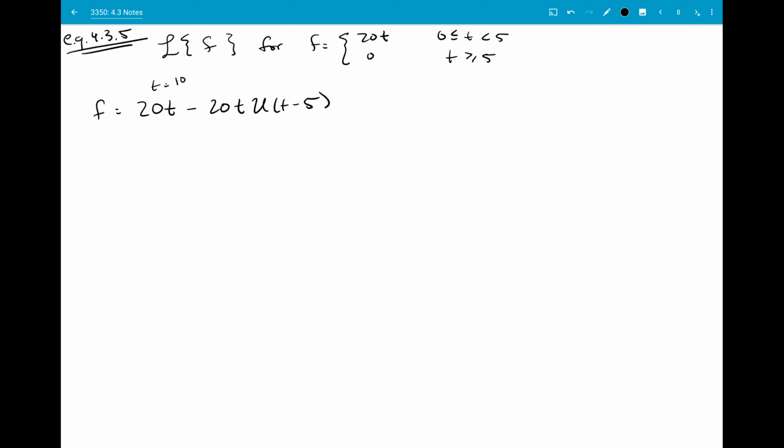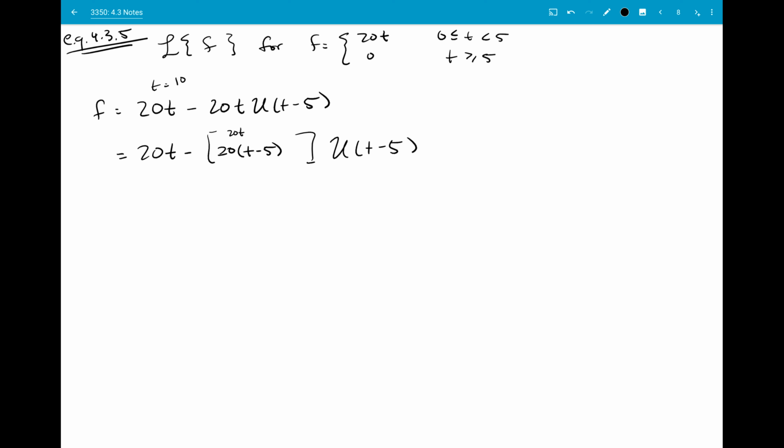Now I'm thinking about how I would take the Laplace transform of this f. I remember that for anything that has the u of t minus 5, I need it to also look like a t minus 5. So even though it looks like 20t right now, I need it to look like a t minus 5 instead.